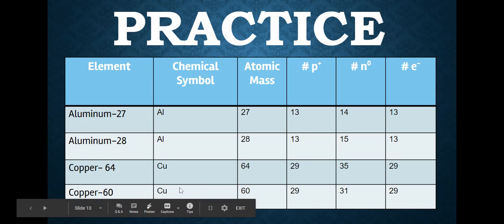Again, the same thing is happening with copper, the same chemical symbol, the same number of protons, the same number of electrons. The only difference should be the atomic mass number and the number of neutrons.